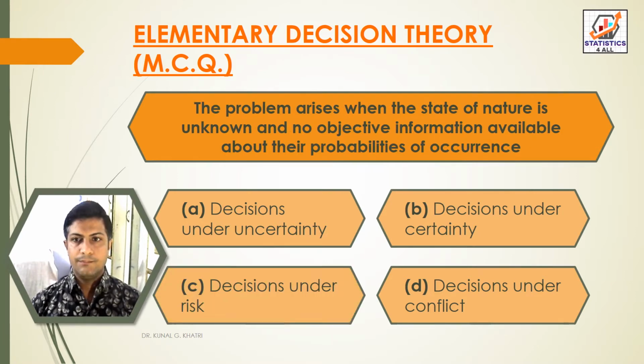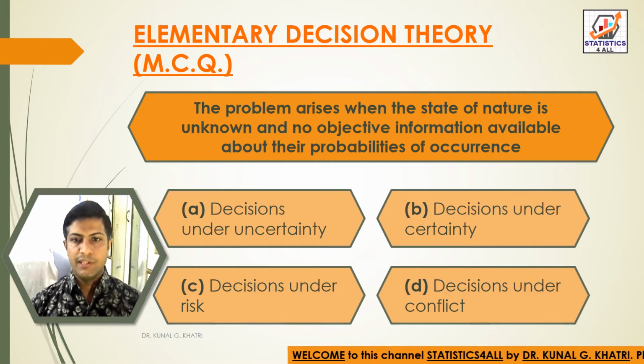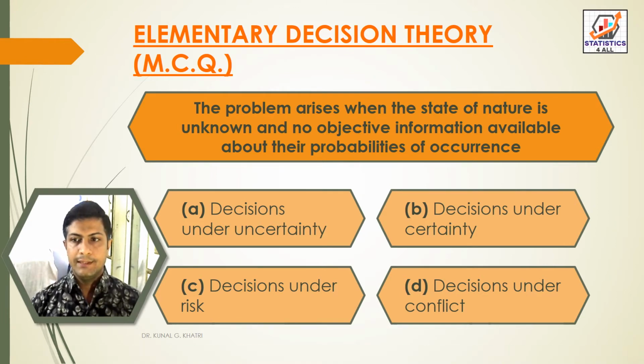Next question, the problem arises when the state of nature is unknown and no objective information is available about their probabilities of occurrence. Option A, decisions under uncertainty. Option B, decisions under certainty. Option C, decisions under risk.